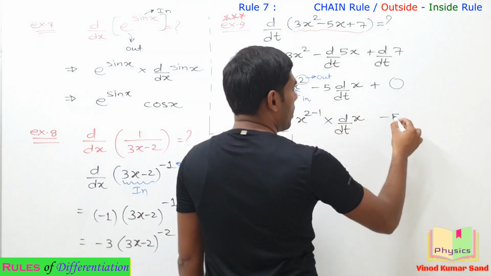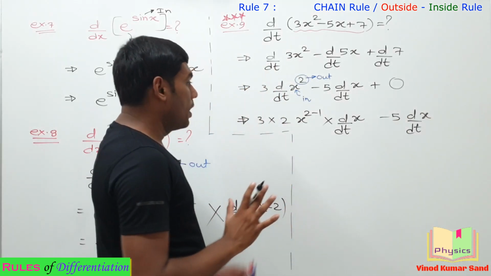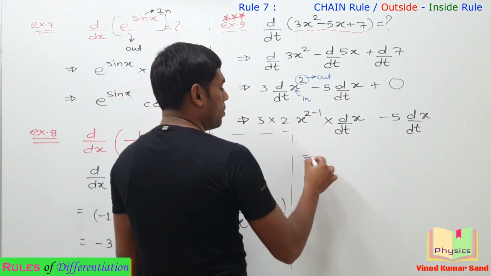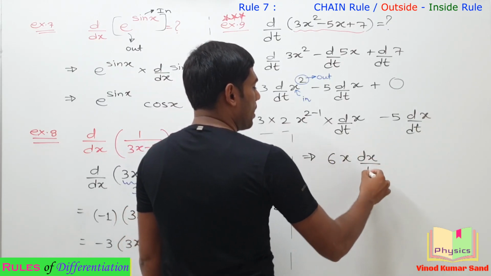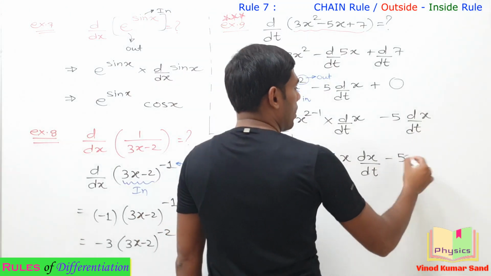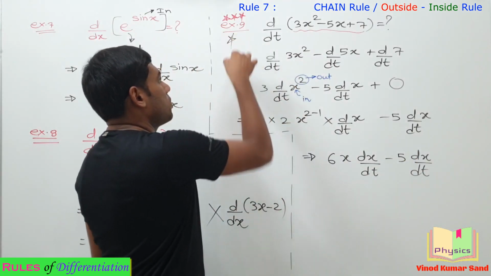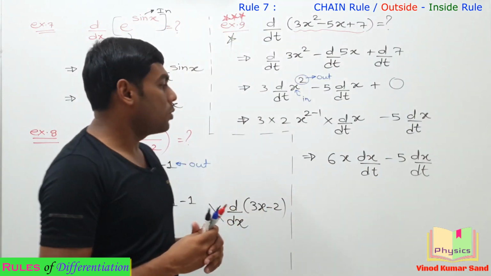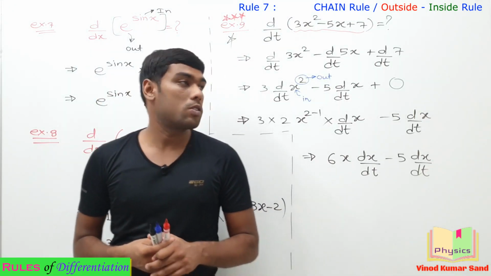This is 5 d by dt of x. Okay. Here is your final answer. 3 into 2 will make 6x dx by dt minus 5 dx by dt. It's a very good question. You can pause the video here and note down the things. Then I'll be taking up a few more good questions.